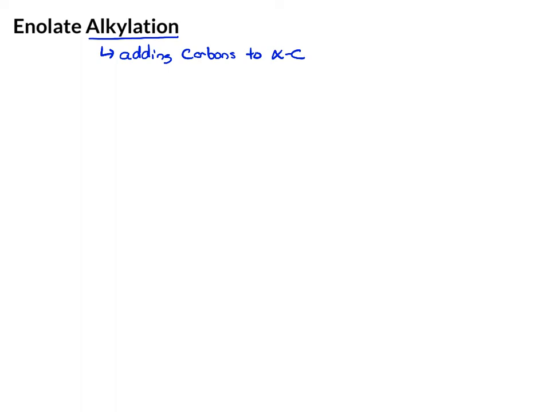There's two main steps in an enolate alkylation. One, we need to use a base to form the enolate. And two, we need to add some organohalide, we'll just say RX, to put the R group at the alpha position.